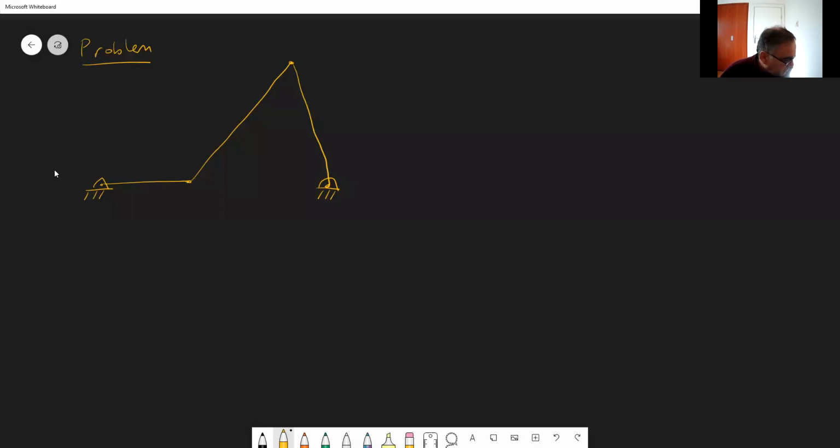Again, this is a 4-bar mechanism. As I have told you, M2 equals M4 equals 0. There is T2, which is unknown.